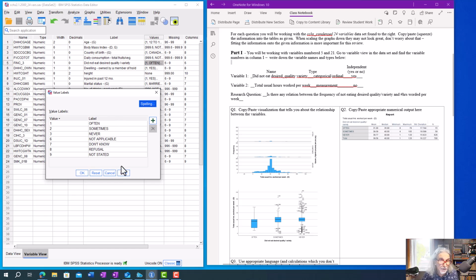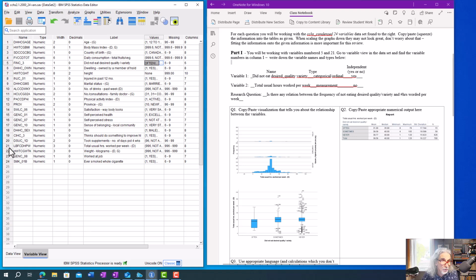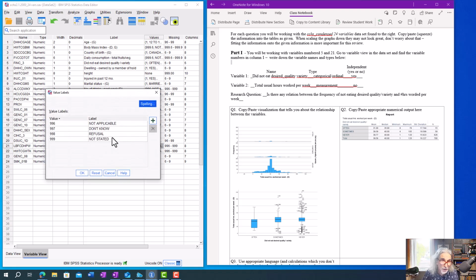And the second variable we go to is number 21. 21 also with a code that's impenetrable, but you read the label and it says total usual hours worked per week. Measurement, double check, sure, because there are values from 0 to whatever. And these are just the codes for missing data and the reasons for that.